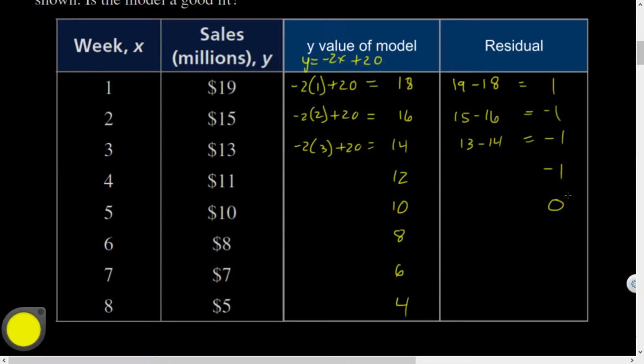We got one, friends. Nailed it. The predicted value perfectly hit the actual value. 8 minus 8, another one. Wow, can't believe it. 7 minus 6 is 1. 5 minus 4 is 1.